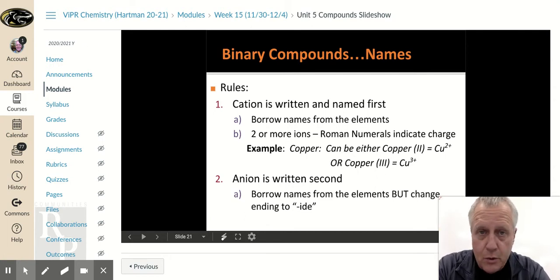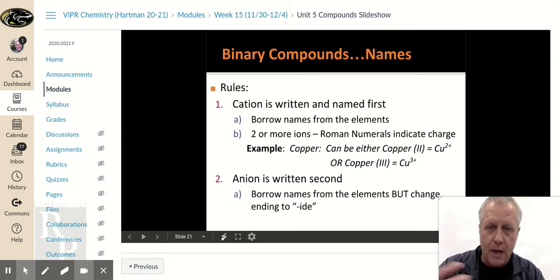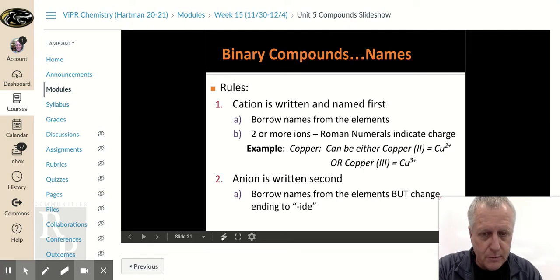The group 2 alkaline earth metals are always plus 2. That's set in stone. But the transition metals can have multiple charges. So you might have something with a plus 2, and it also sometimes has a plus 3. It varies like that, so you'll just have to get used to that as you practice this.